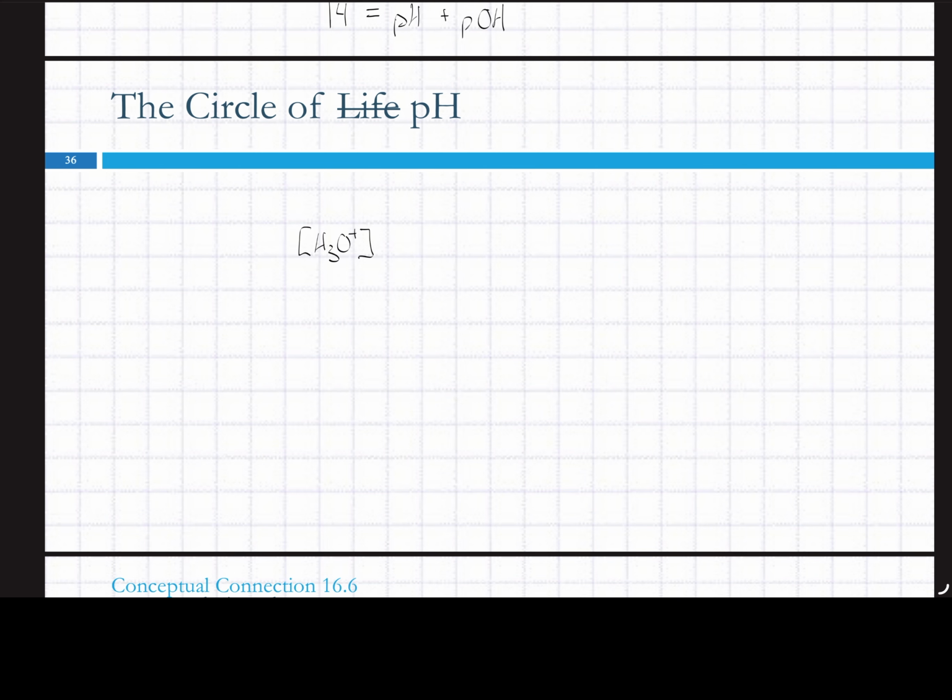So if I have H3O+ and I wanted to calculate OH-, I can go between those using Kw equals [H3O+][OH-]. I can convert between these using the equilibrium constant of water.